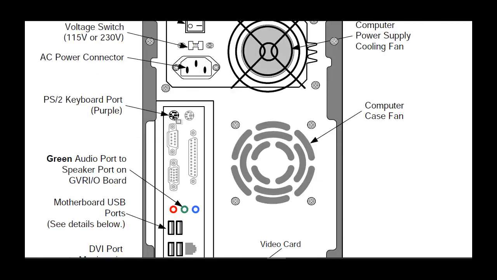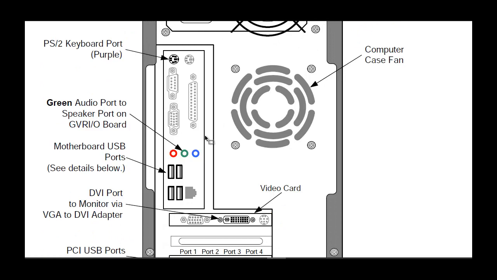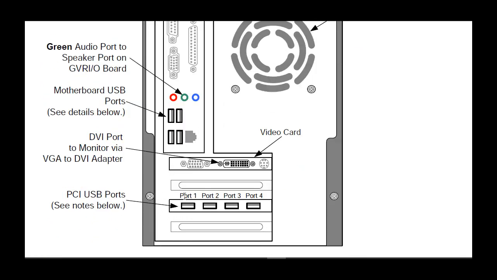Normal PC, as we see. And this is for the PS2 keyboard. We can connect the keyboard by PS2 or the USB cable. We can use it. And the VGA card, VGA or DVI adapter, no problem.